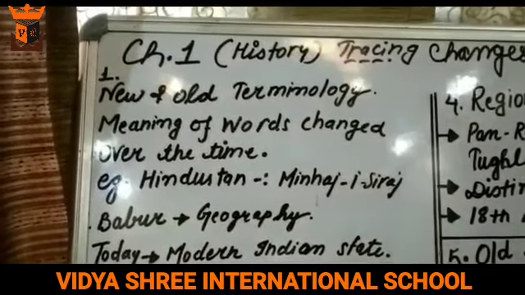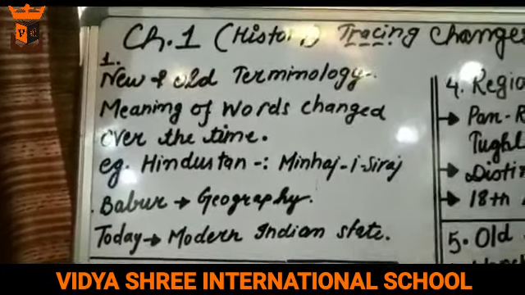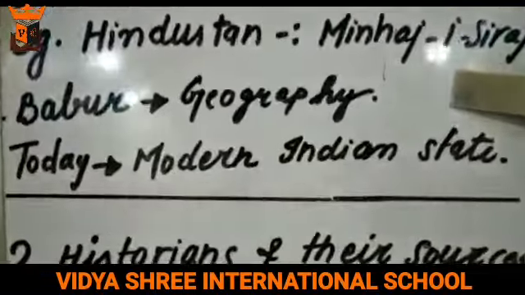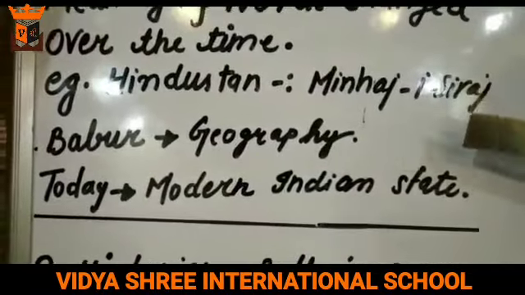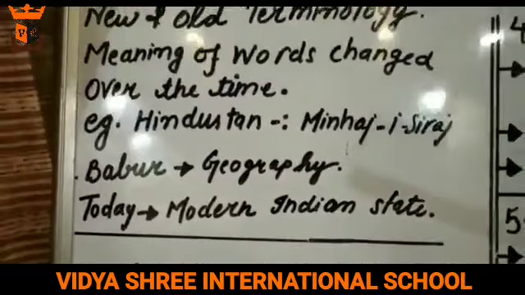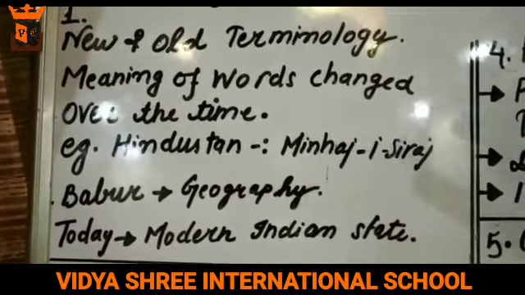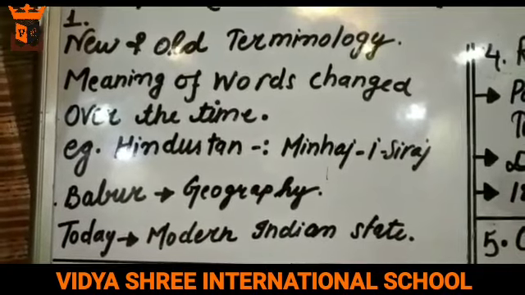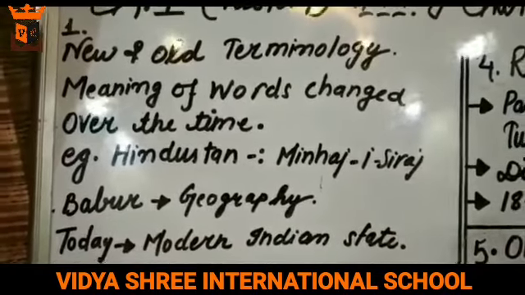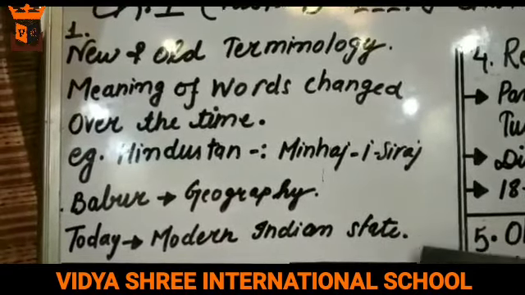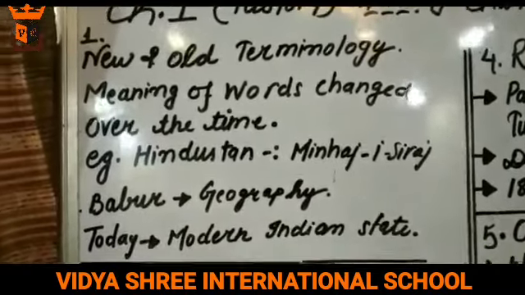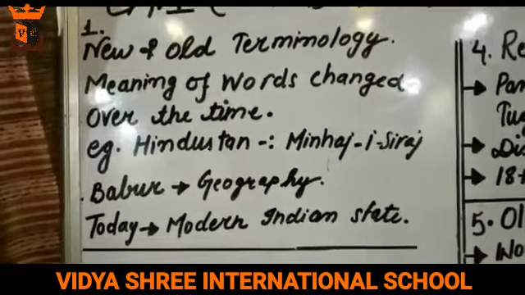When the word Hindustan was used by Babur in the 16th century, he used Hindustan to describe its geography, flora, fauna, culture of the subcontinent. Which means earlier this term did not carry any political and national meaning which we associate with it today. Okay, and like this, the word foreigner also changed over the period of time.